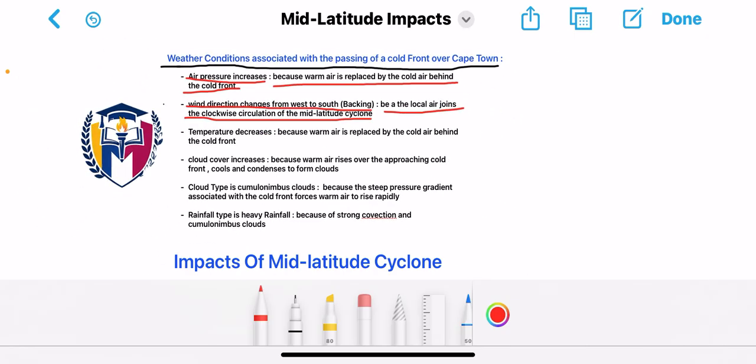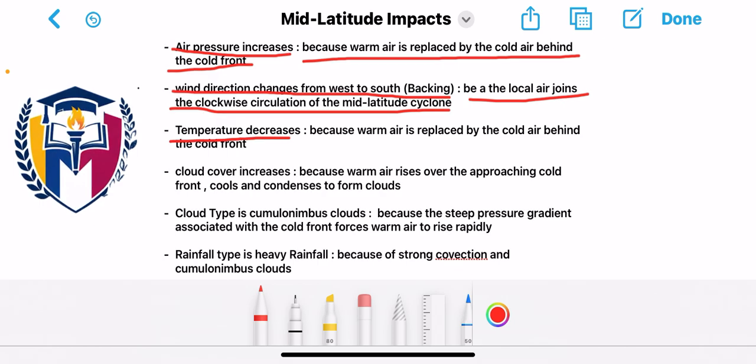Third point, temperature decreases. We know that whenever we have warm air, the temperature will increase, but cold air is associated with what? Cold temperatures. Now, why do temperatures decrease?